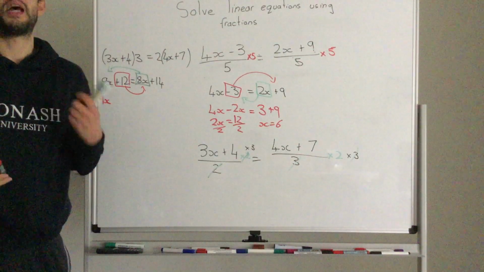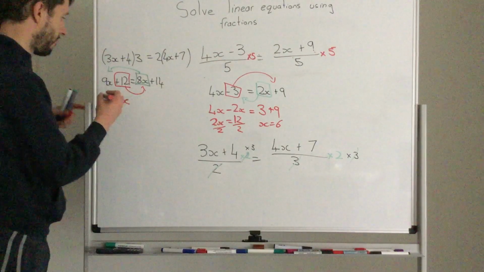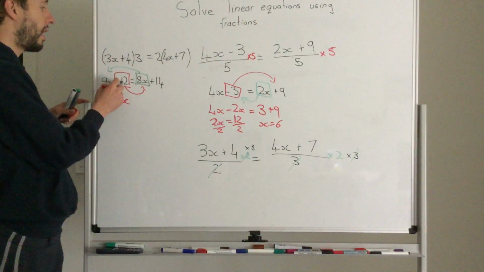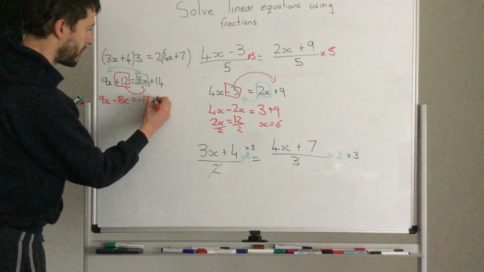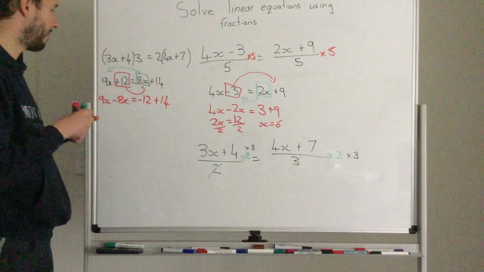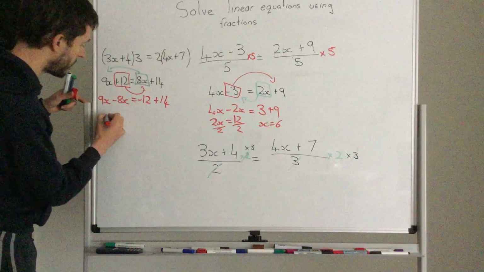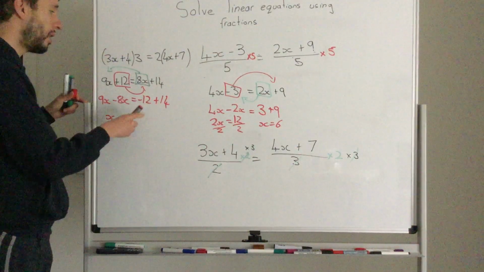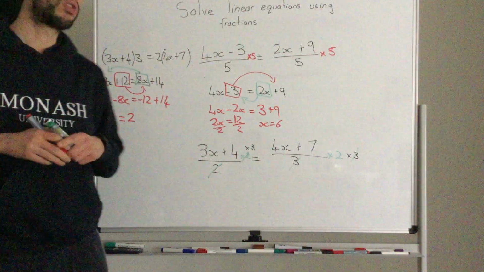What's the opposite of plus 8x? Minus 8x. What's the opposite of plus 12? Minus 12. Plus 14. Now I can simplify it. 9 take 8 equals 1, so that will be just x equals negative 12 plus 14 equals 2. So x equals 2.